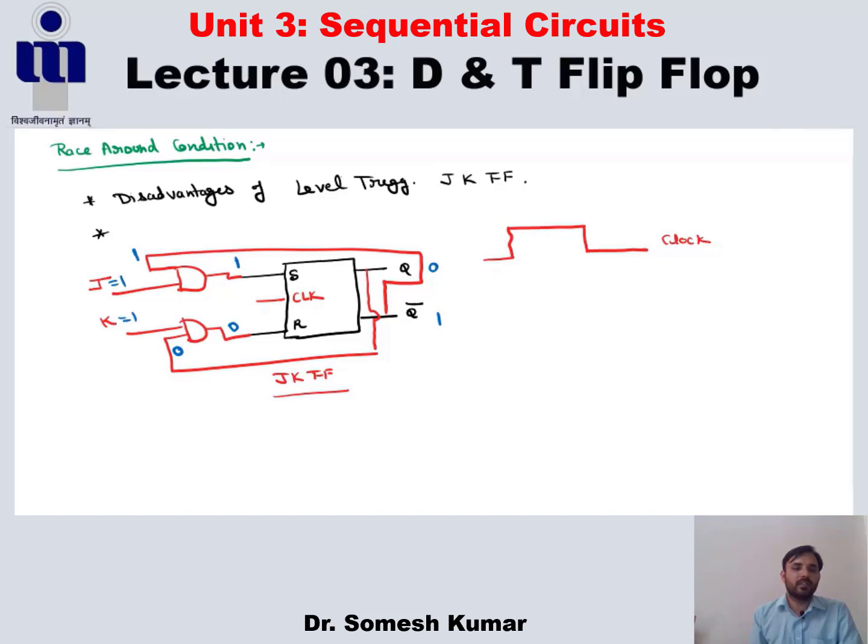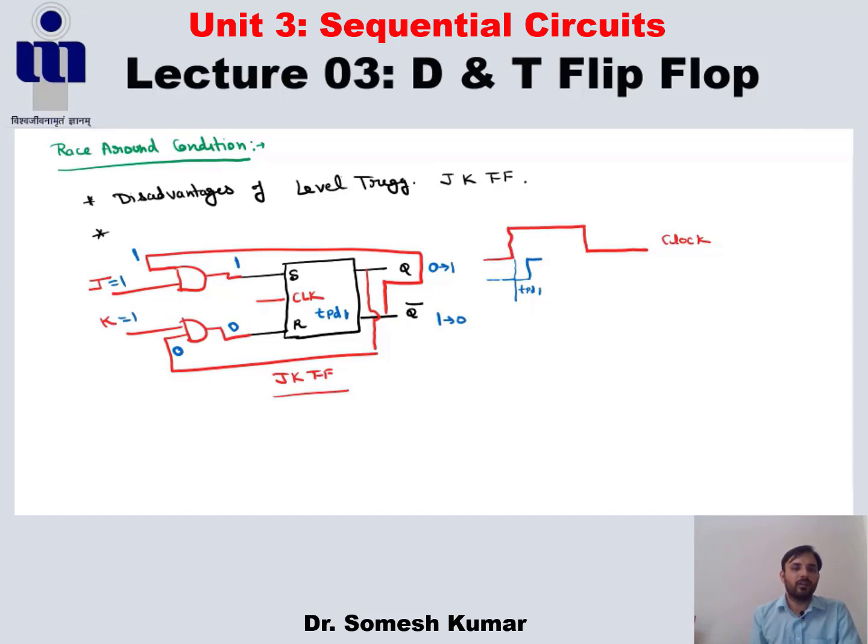Initially I say the delay of this SR flip-flop is TPD1. Here the output changes from 0 to 1, and this changes from 1 to 0. So this is our clock. After TPD1, it becomes 1 again.